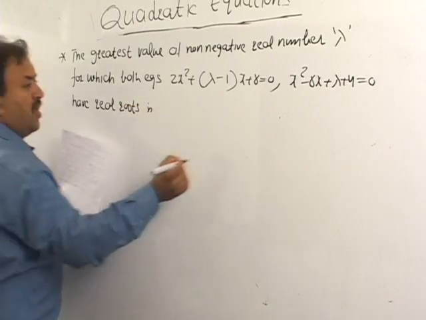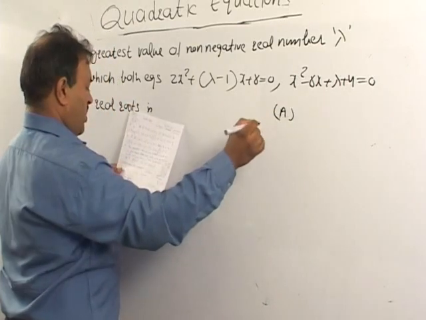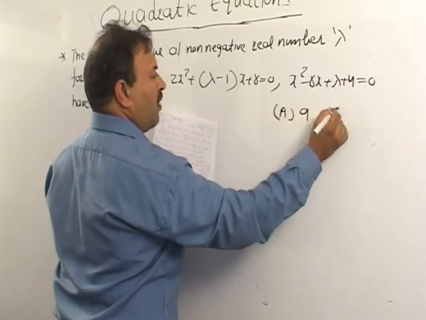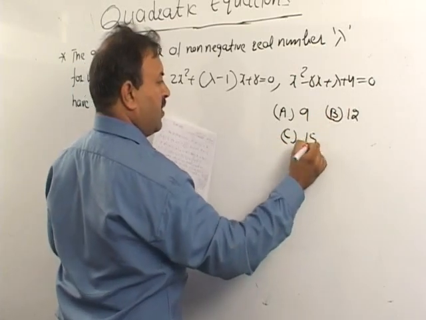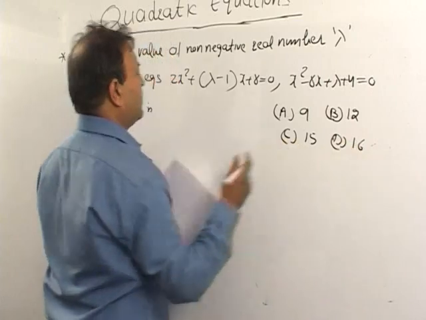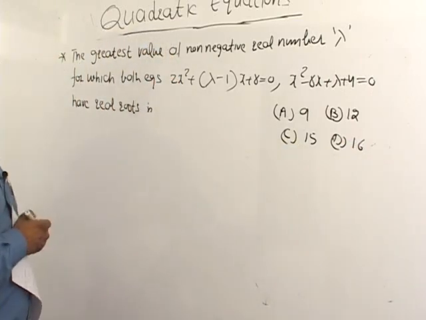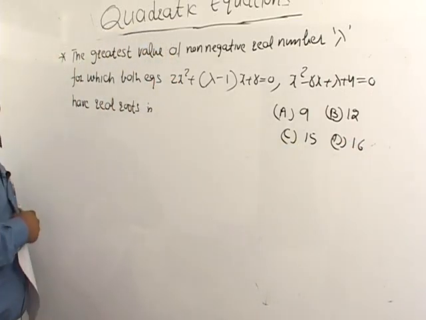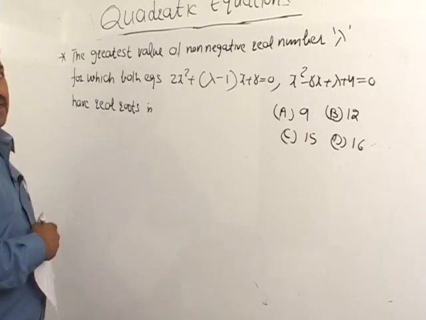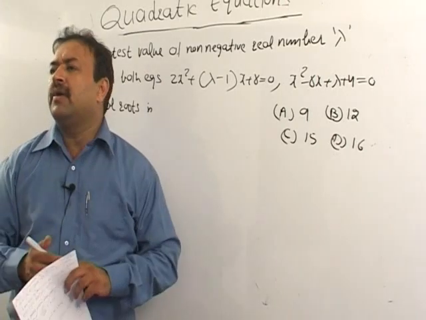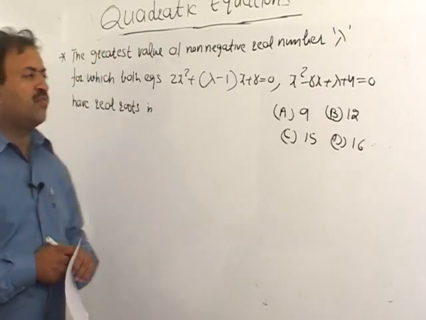A option is 9, B option is 12, C option is 15, and D option is 16. So we have to find the greatest value of the non-negative real number lambda for which both equations have real roots. We'll take up the properties one by one.